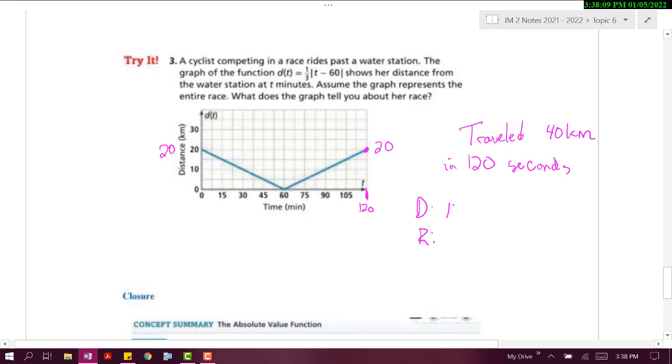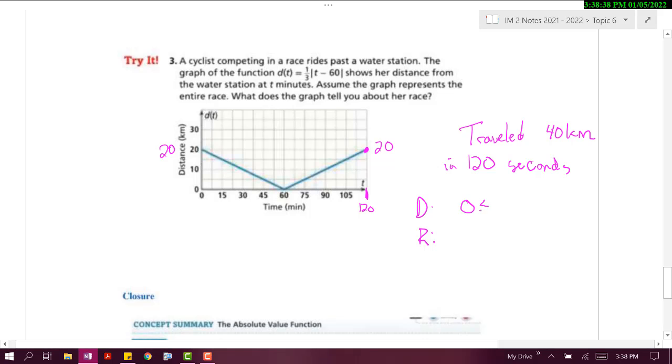Again, domain, all real numbers. The range, y, is greater than or equal to 0 because it doesn't go negative because we can't have negative distance. Oops, let me go back and change those. Domain's not all real numbers because it doesn't go past those points.